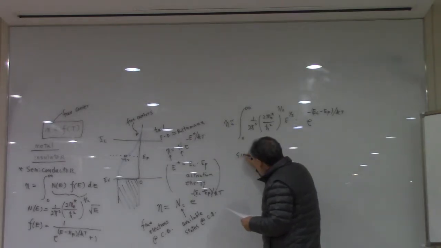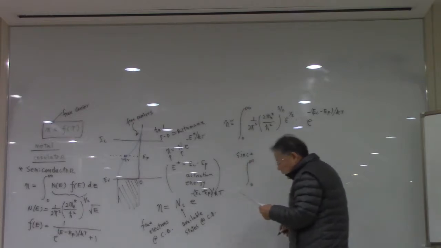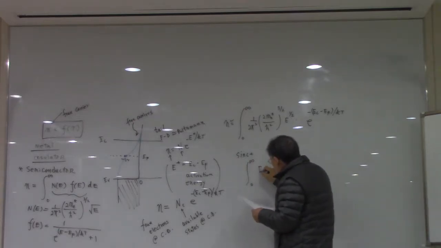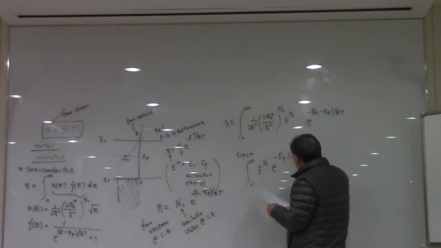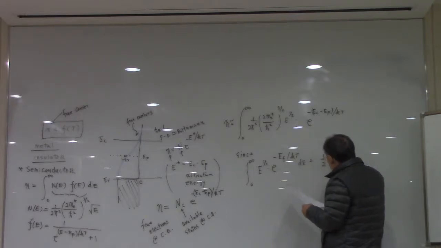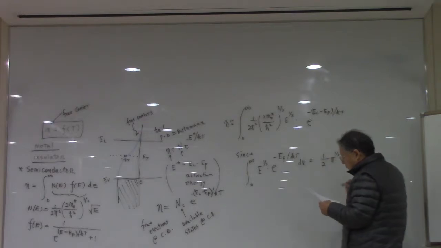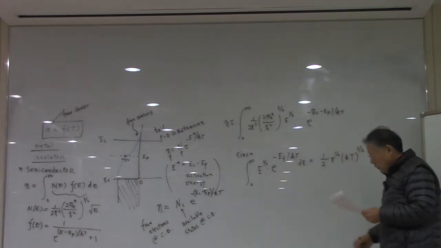Now it is mathematically known that the integral of square root of energy times e to the minus E over kT dE is equal to the square root of pi over 2 times (kT) to the 3/2. That has been known, okay?